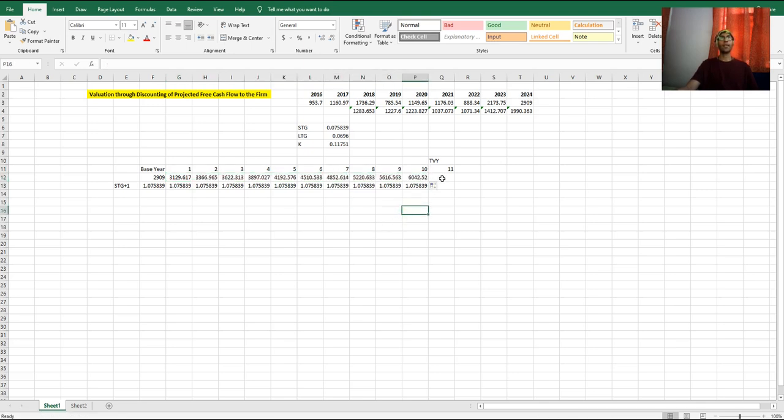Then for the 11th year, we calculate it by multiplying by 1 plus the long-term growth rate. 6042.52 multiplied by 1 plus LTG. We have our number. The last 11th year cash flow we will use later to calculate the terminal value.